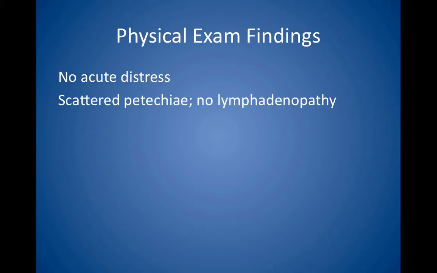General, the patient is in no acute distress. HEENT is within normal limits. Skin and lymph reveals scattered petechiae over bilateral lower extremities with no lymphadenopathy. Cardiovascular and lungs within normal limits. Abdomen within normal limits with no splenomegaly. Neuro and psych are within normal limits.